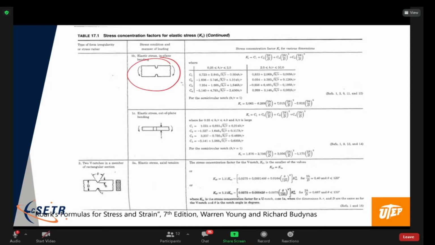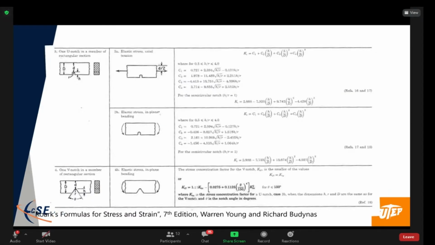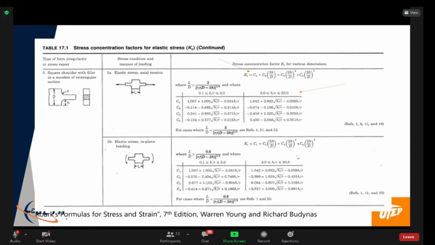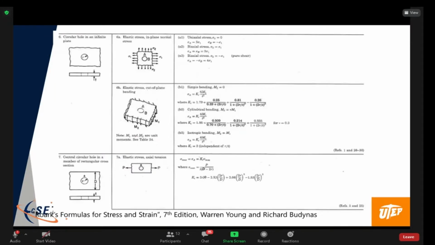We can have stress concentration factors for a bar with V notches, one for a single V notch, axial bending, all sorts of different types of geometrical situations. Here's a plate in biaxial stress with a hole in it.